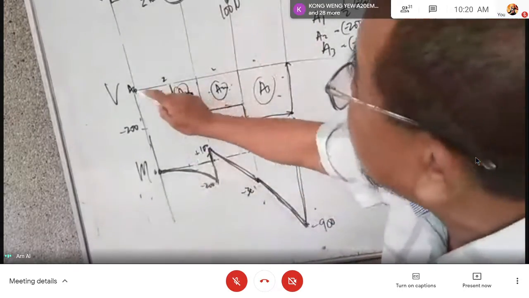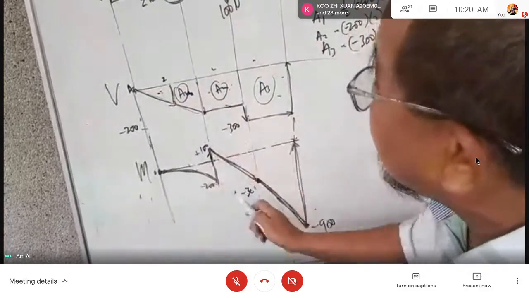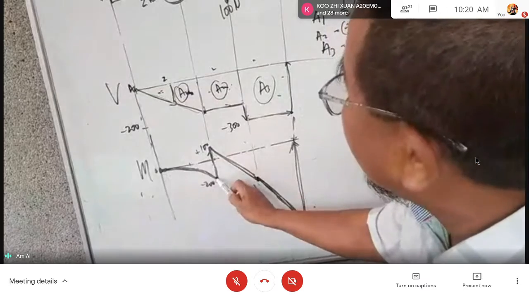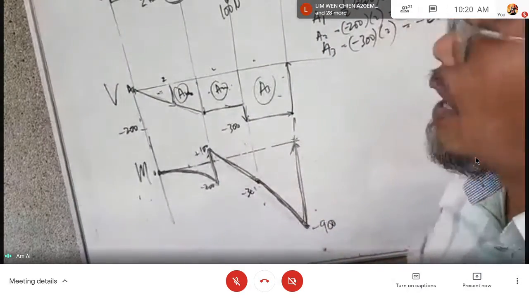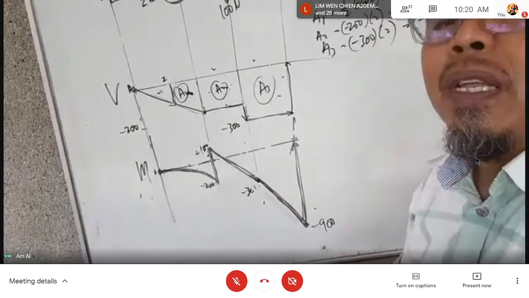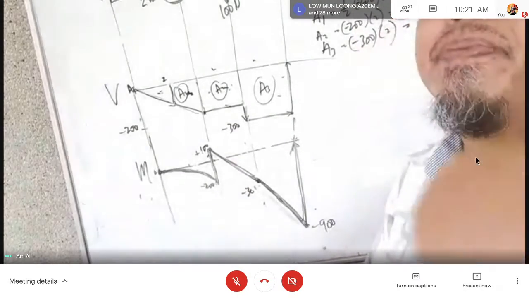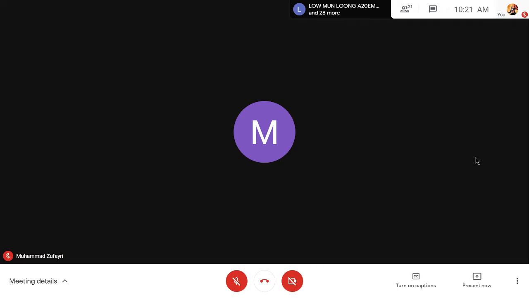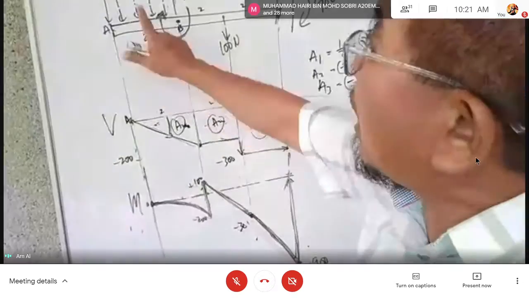the shear load and the moment. Curve here, straight here, straight here, straight here, straight here. You see that? Are you with me, guys? Yes. This is how you draw. See the area?